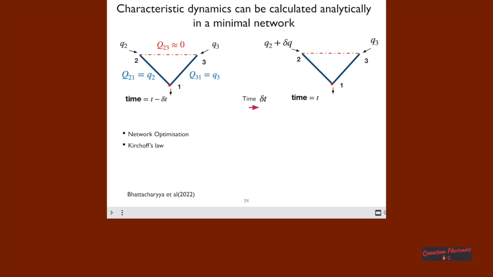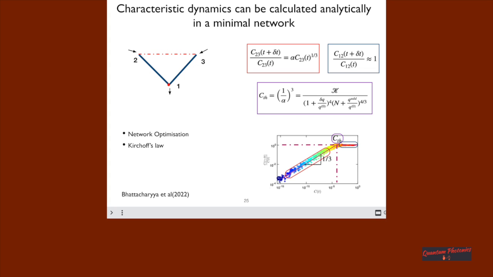And when we check how the conductances change as a reaction to this perturbation applied to node 2, what we find, shown in slide 25, is the exact dynamics that we observed for the conductances from our numerical simulations of a very complicated big network.